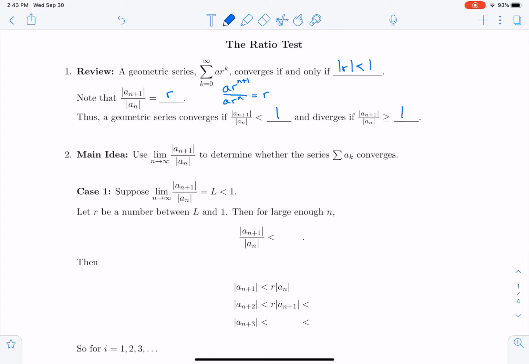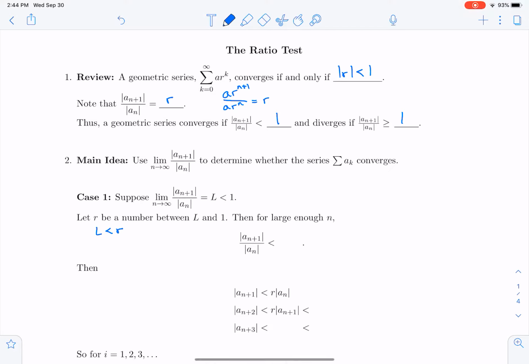So the idea here is we're going to let R be a number somewhere between L and 1. So we're going to think about R as being greater than L, but less than 1.